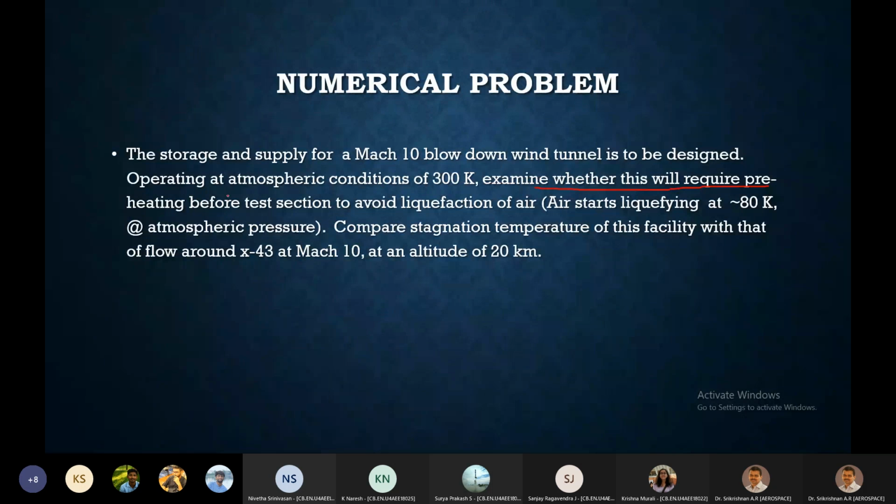What do you mean by preheating? That is, air needs to be heated before it goes to the test section. That is to be checked here. Now, in what case will you need to heat the air?